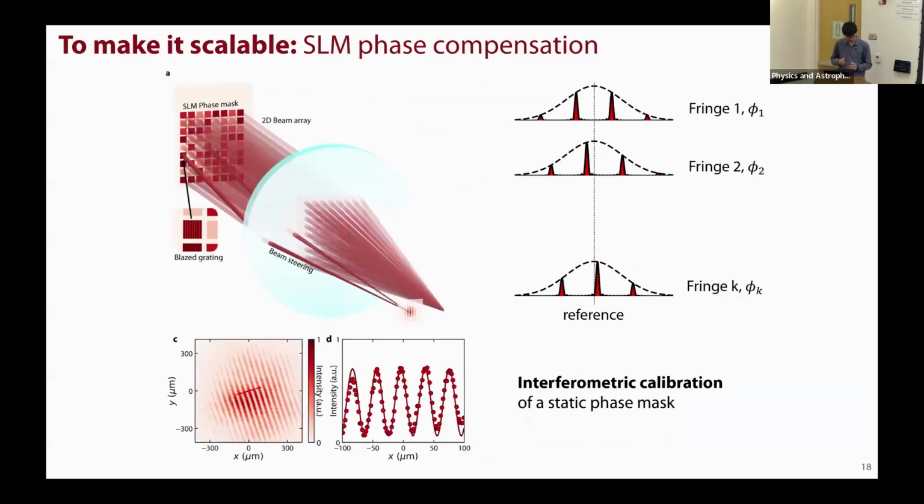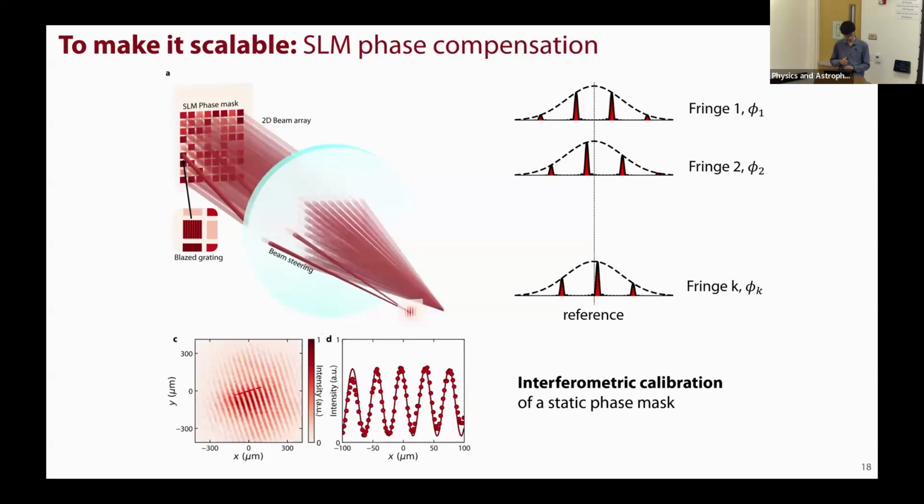The phase mask is calibrated using standard interferometric methods, which is to interfere these beamlets within the 2D phase array with a reference beam, and then extract the residual phase from their interference fringes.